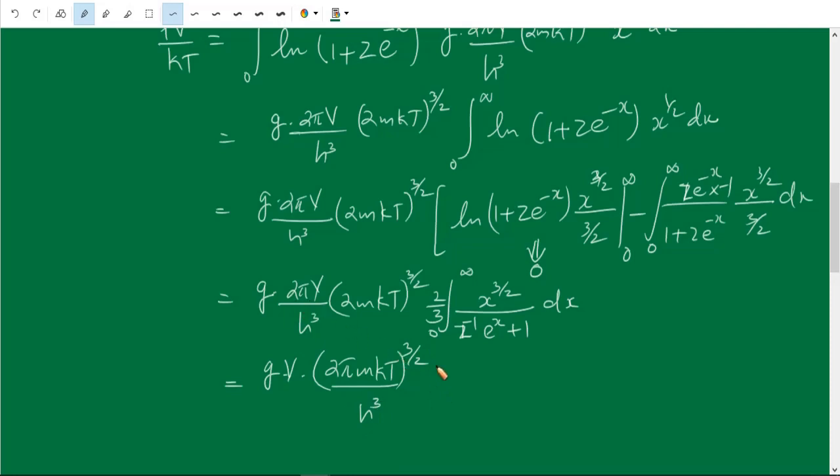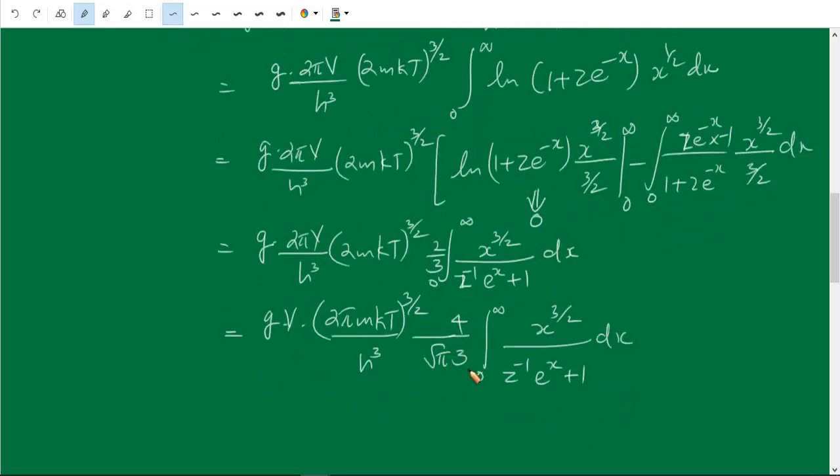So this root pi I have multiplied, therefore root pi by 3 by 4. Okay, the integral from 0 to infinity of x raised to 3 by 2 divided by z raised to minus 1 e raised to x plus 1, dx.